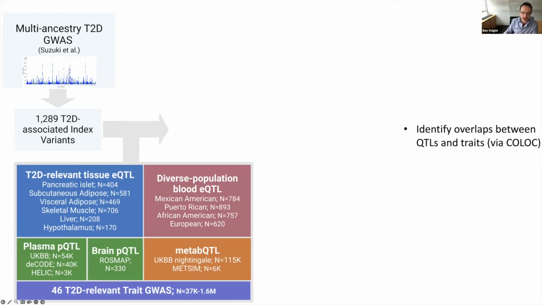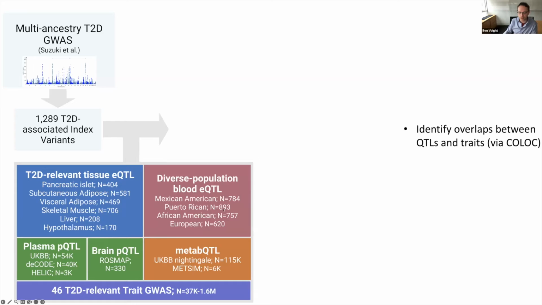We tried to sample from a range of tissues we thought were relevant for diabetes risk: bulk pancreatic islets, adipose tissue, skeletal muscle, liver, and hypothalamic tissue. All of these are postulated to be relevant along different axes of diabetes risk.